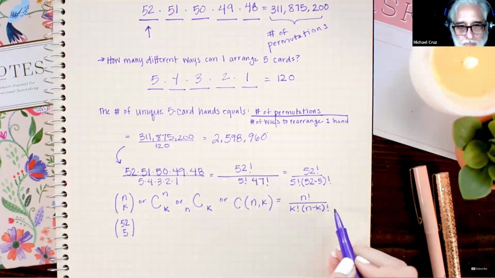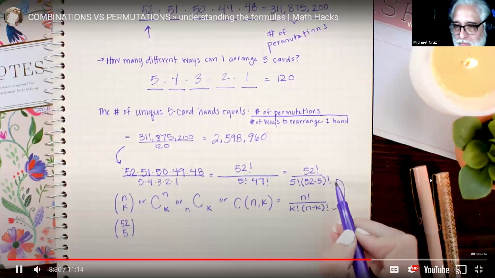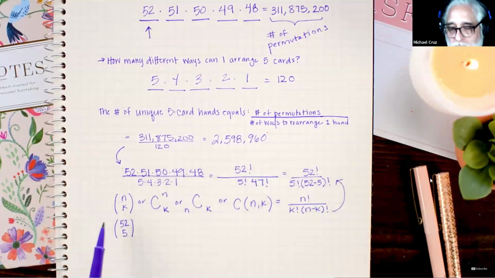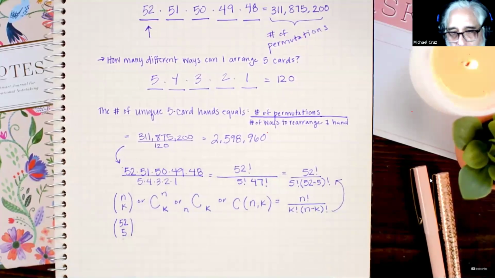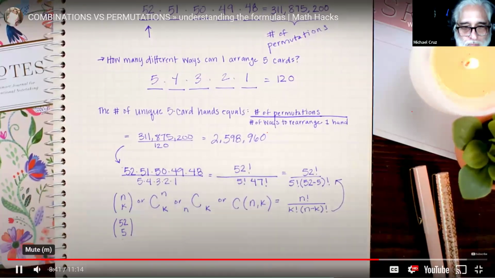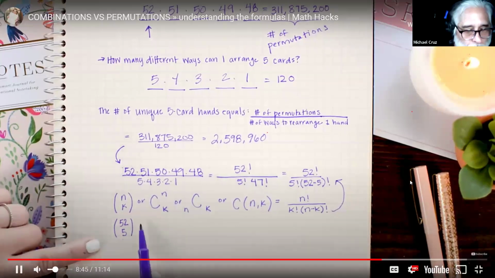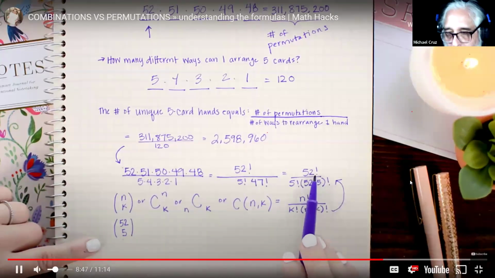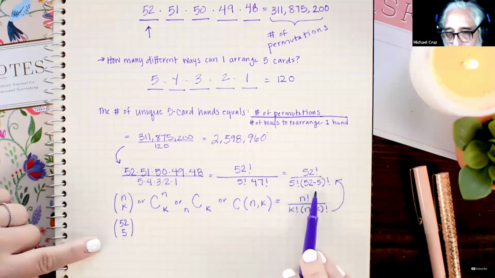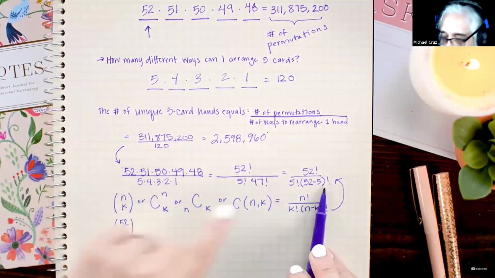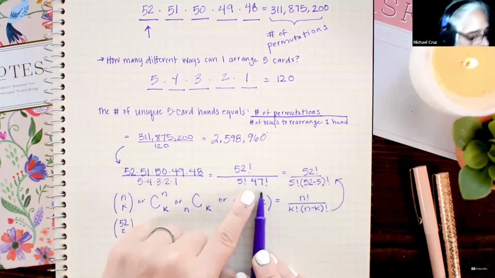And as you can see, that looks a lot like what we wrote up here. So this is the same as 52 choose 5. And when you say it out loud, it makes a lot of sense because I have 52 cards and I want to choose 5 of them. Plugging it into the formula, we would have 52 factorial over 5 factorial times 52 minus 5 factorial. We would subtract these to get 47 factorial.